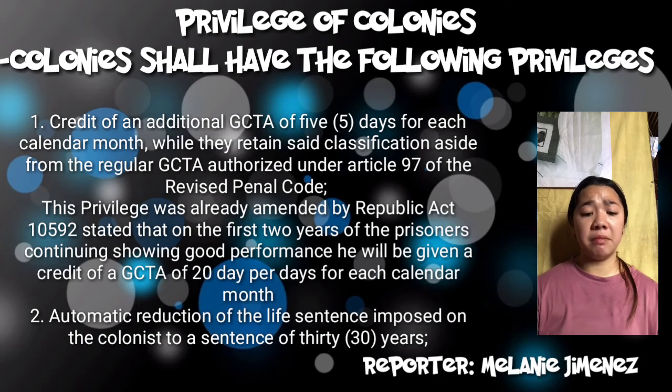So, GCTA means that it allows for reduction of sentences of persons deprived of liberty depending on how well they abide by the rules and regulations inside the penal colony. In Act number 3815, as amended by Republic Act number 10592, an Act revising the Penal Code and other penal laws, Article 97, allowance for good conduct: number 1, during the first 2 years of imprisonment, deduction of 5 days for each month.